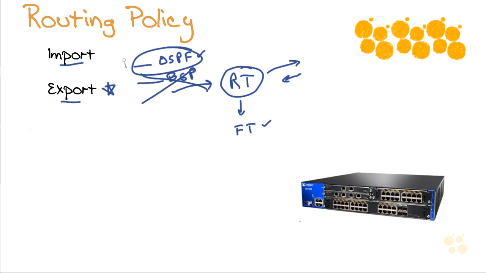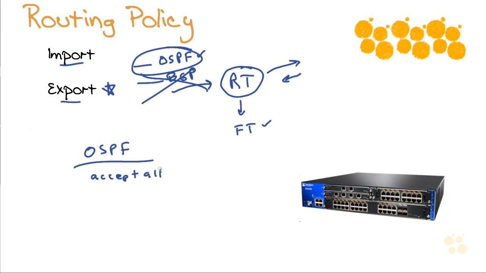Now, there are, like I said, default import and export policies for our protocols. For instance, if we look at OSPF, by default, the import policy is to accept all. All the OSPF prefixes we're learning from neighbors are going to be accepted by default, and they're going to be placed in the inet.0 route table.